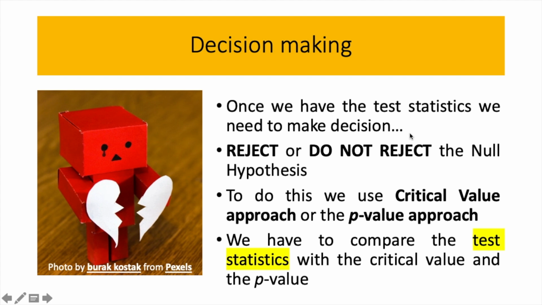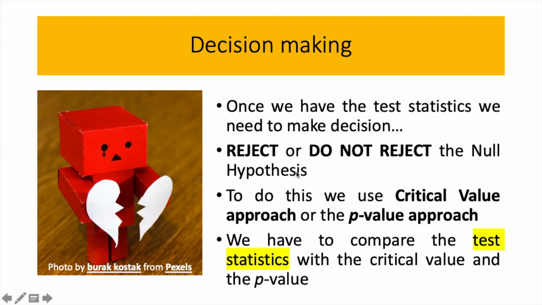Remember, you want to either reject or not reject your null hypothesis. After conducting the test, you can't immediately make a decision. You need to use a critical value approach or the p-value approach to make a decision. Remember, you have your z-test and your t-test.